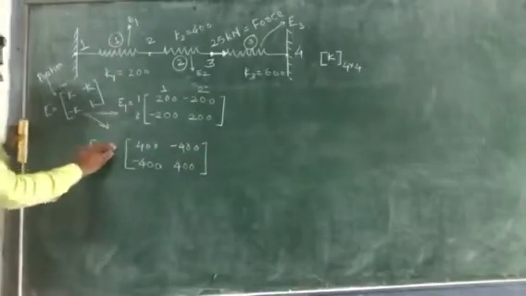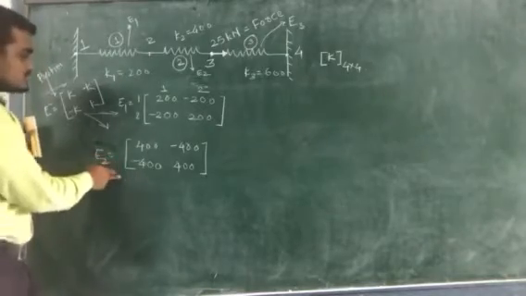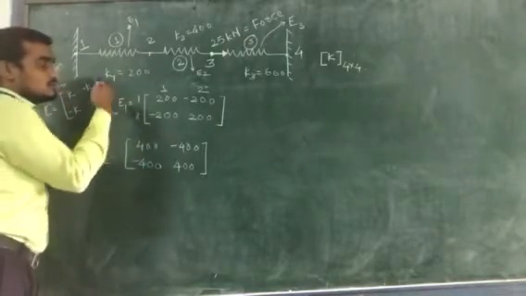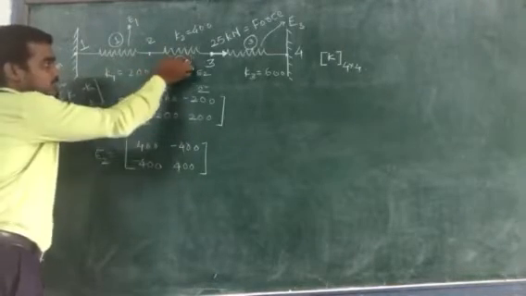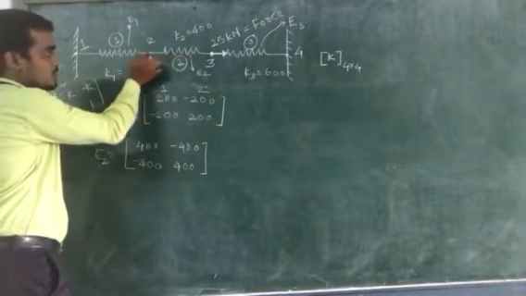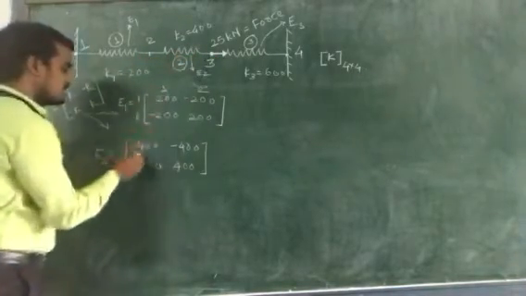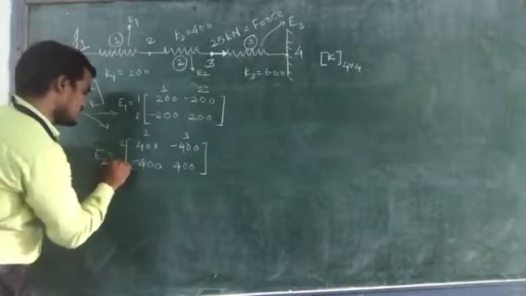Here also you need to write down the position of that elemental stiffness matrix. This element 2 is in between node 2 and 3, so we write between second and third.